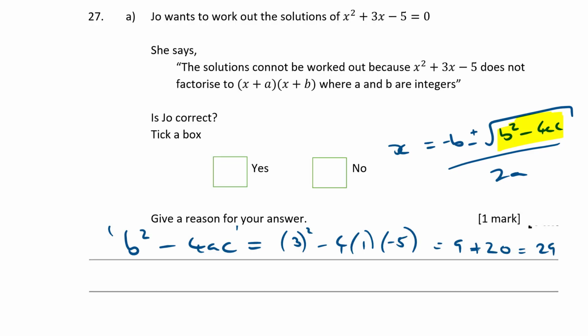So that means you could evaluate it, because you could find the square root of 29, and then add and subtract that from minus b and divide by 2a and get two solutions. As long as this determinant part, b squared minus 4ac, is a positive value or 0, you are going to get solutions. You're not going to get nice solutions, that's why it doesn't factorize, but you are going to get solutions.